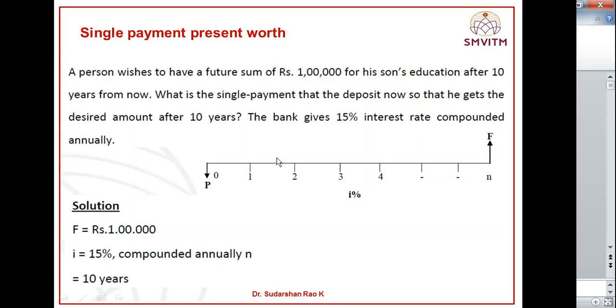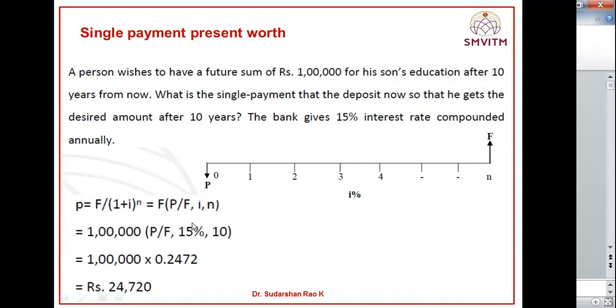The bank gives 15% interest rate compounded annually. Here the future value is 1 lakh rupees, i equal to 15%, and n is 10 years. In this, the present value P has to be calculated, that is how much you should deposit to get 1 lakh rupees at 15% interest rate.